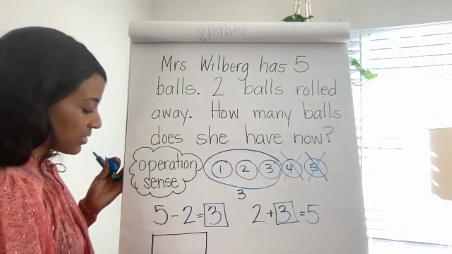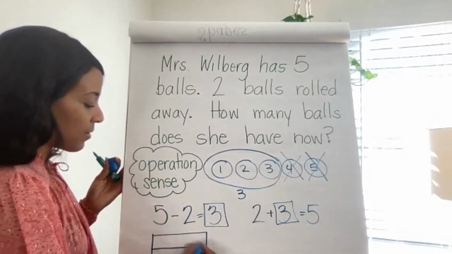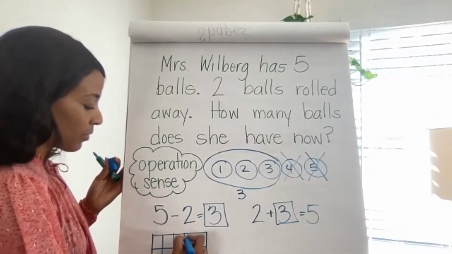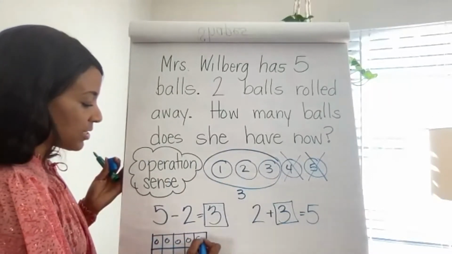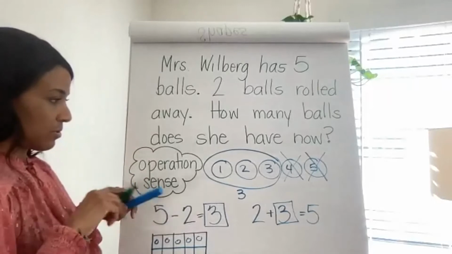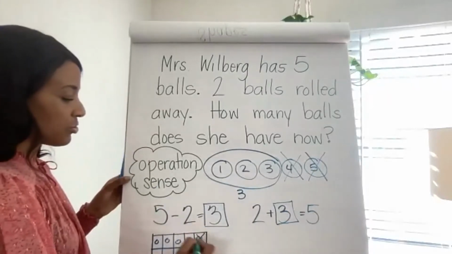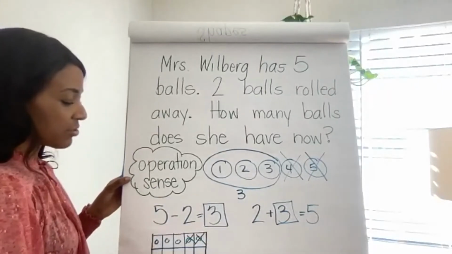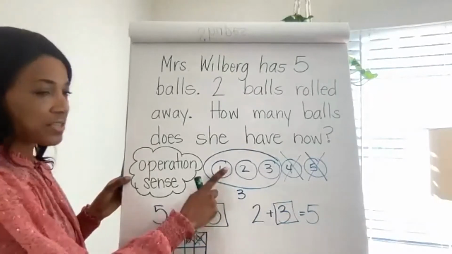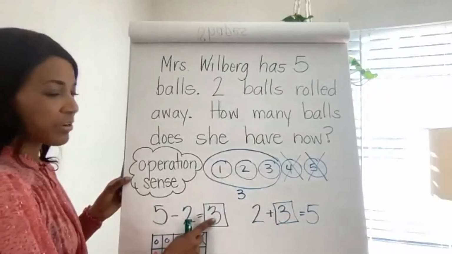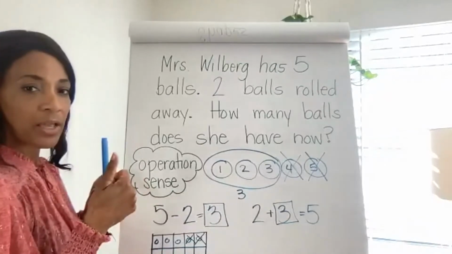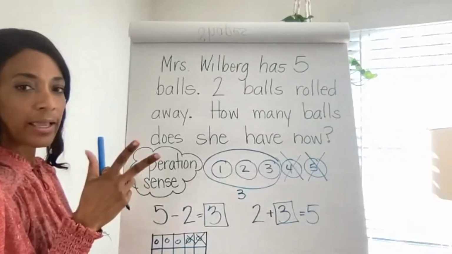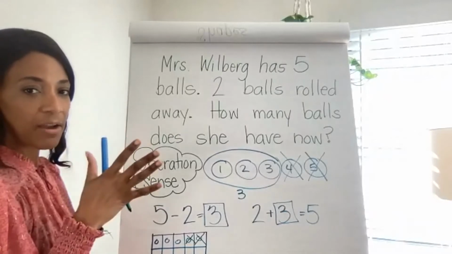They might put 5 balls onto the 10 frame, cross out 2, and realize that there's 3 remaining, which matches this model here as well as their equation. So: analyze and comprehend, model, label, equation, verify.